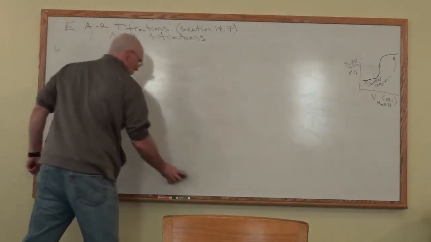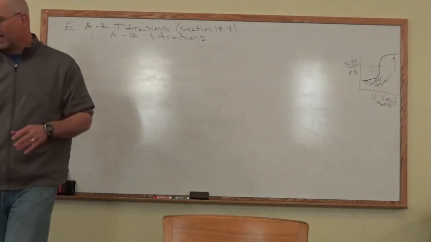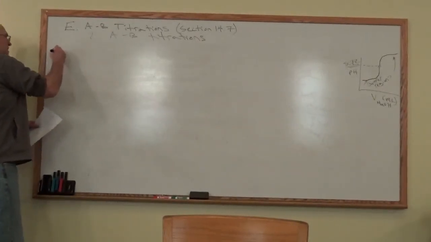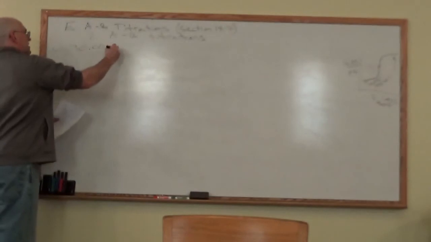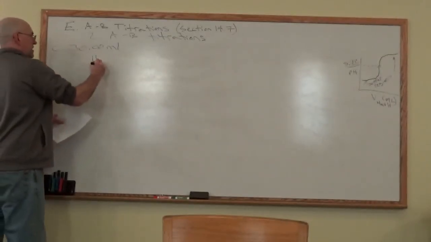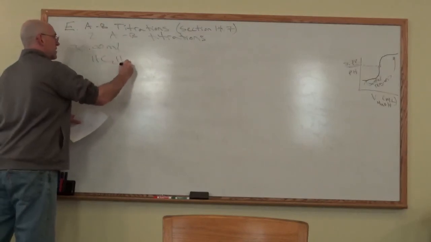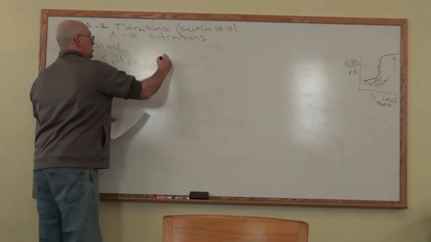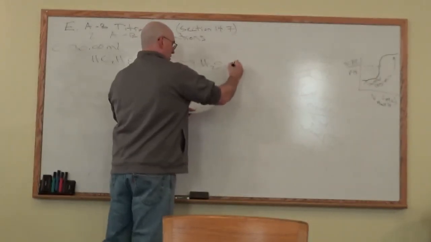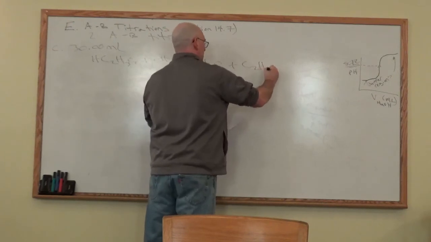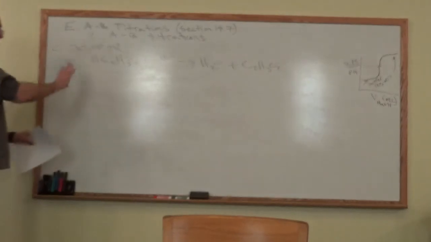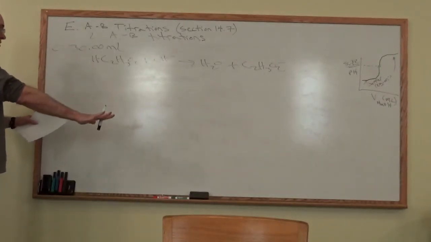So we are beyond the equivalence point now. I'm just going to whip through this because I think it's pretty straightforward. So we're at letter C, 30 milliliters. We've exceeded the equivalence point. Okay, ICE table: HC2H3O2 plus OH minus produces water and acetate, so that's just the titration equation, not an equilibrium.